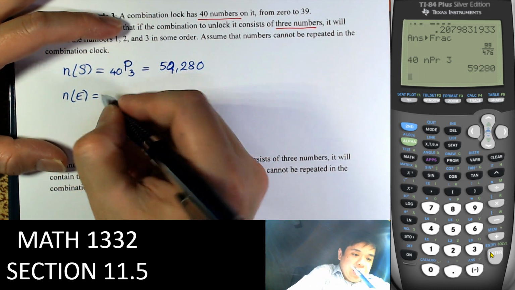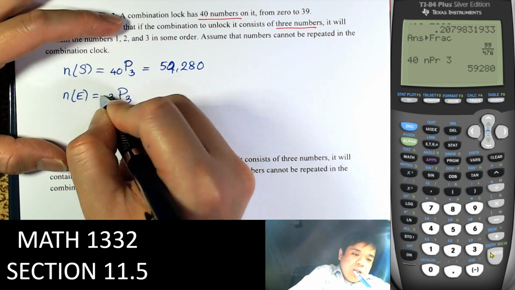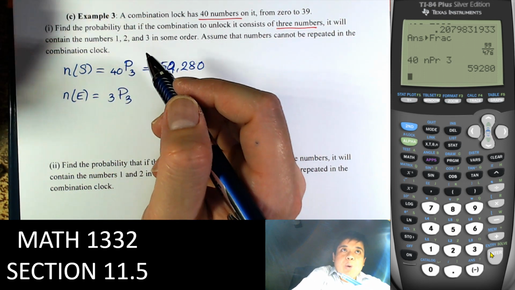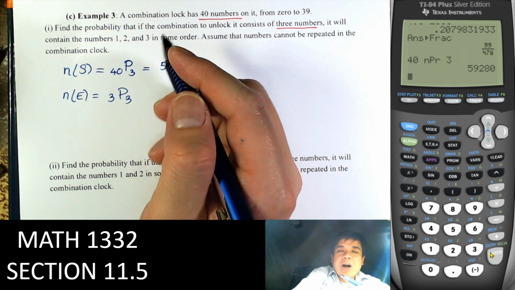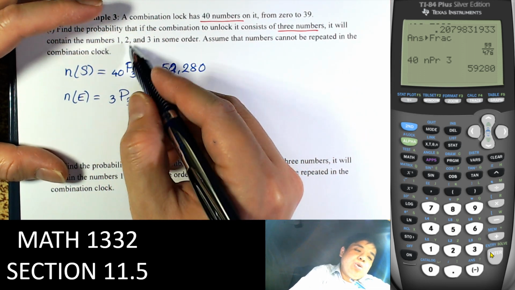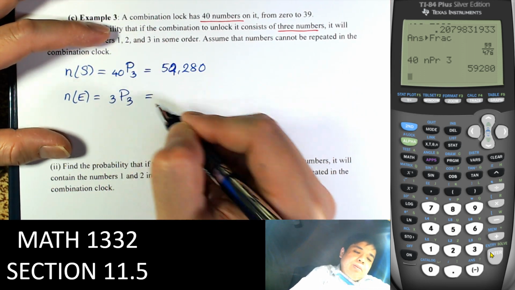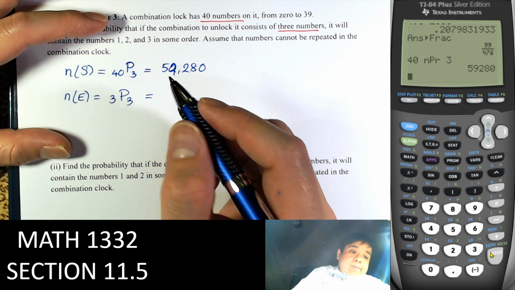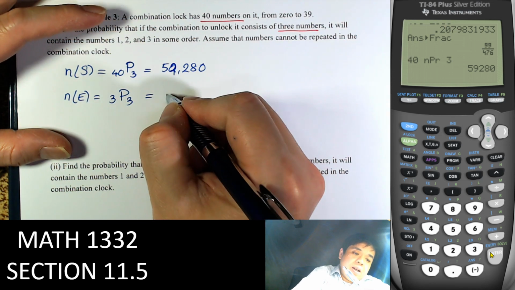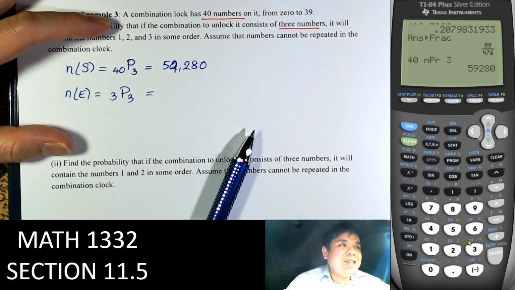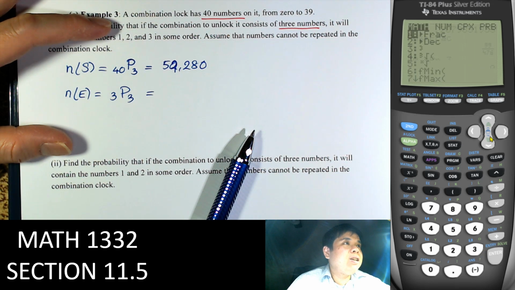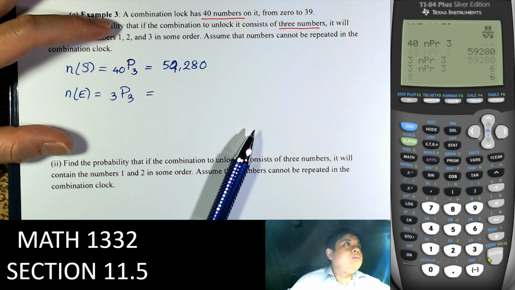Well, we can choose 3 of those. So 1, 2, 3, or 3, 2, 1, or 2, 3, 1, something like that. So that's choosing 3 from 3, and that gives us 3 factorial, which is 6.